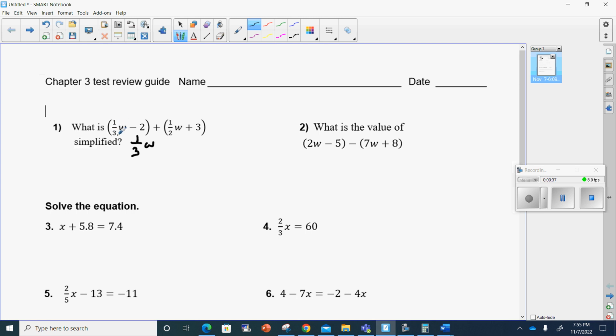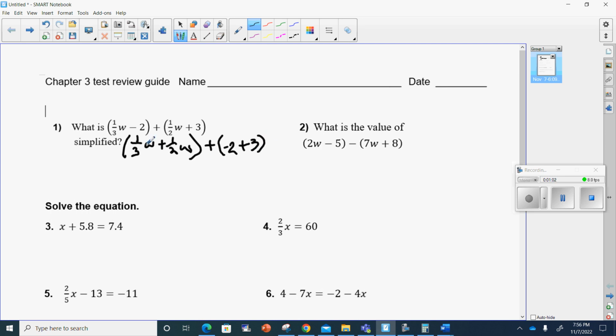So we have a positive 1/3 W, and then another positive, so this would be plus 1/2 W. And I got a -2, so this is plus a -2, plus 3.